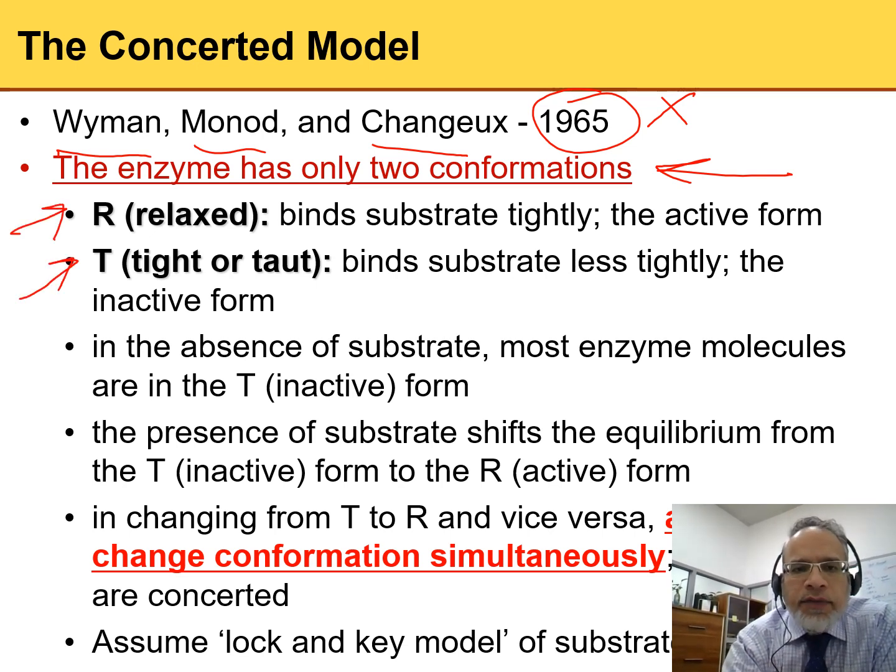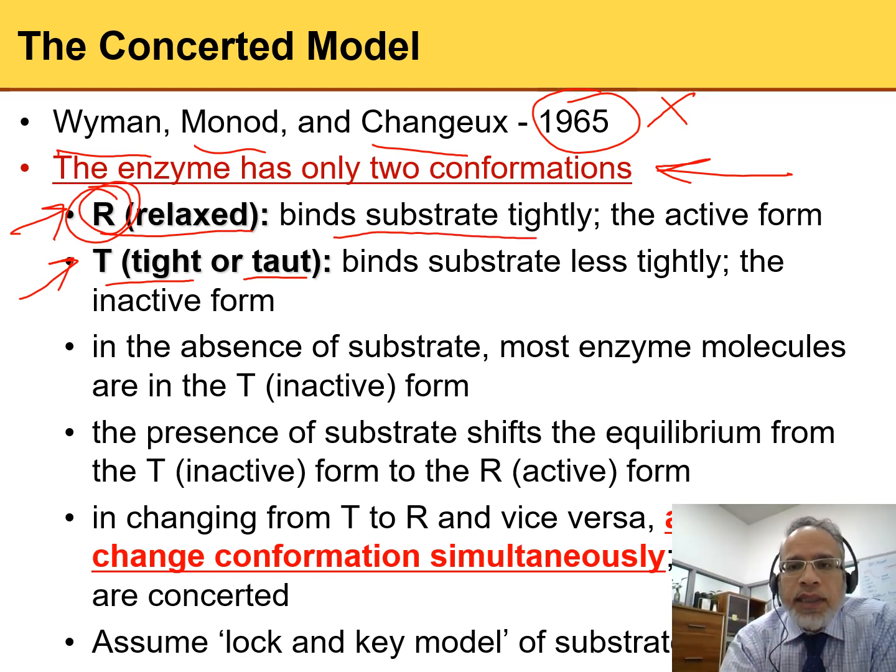R stands for the relaxed conformation, and T stands for the tight or taut conformation. If the protein is in the R conformation, it can bind substrate very tightly, and this is the active form of the protein.